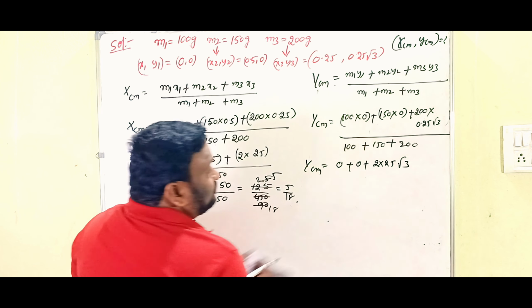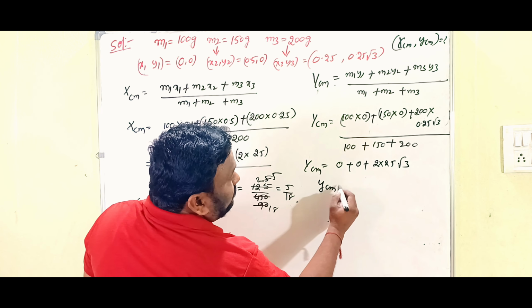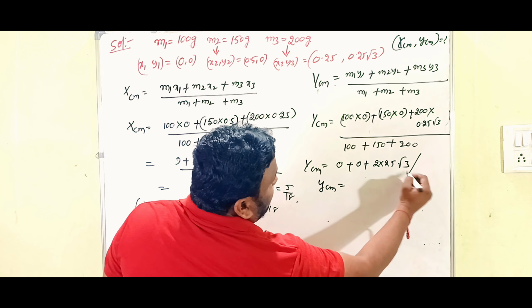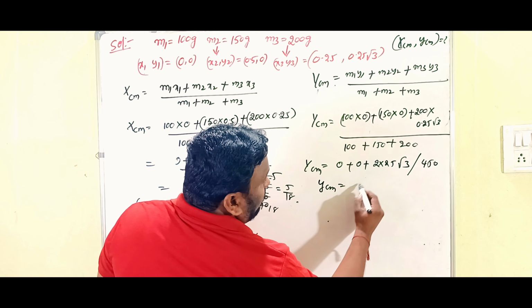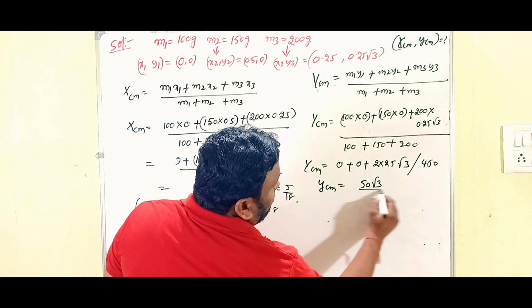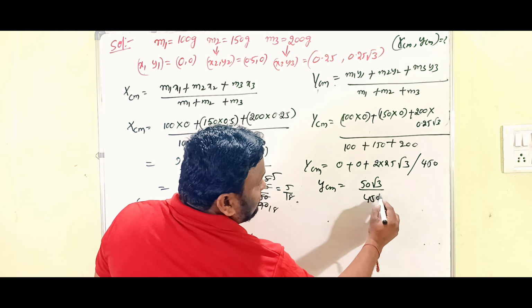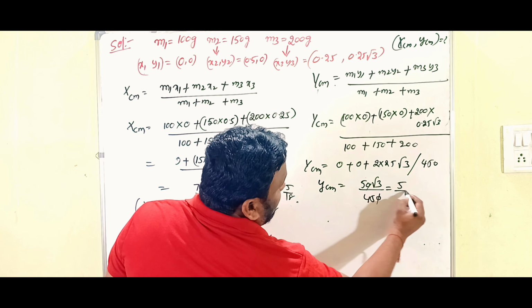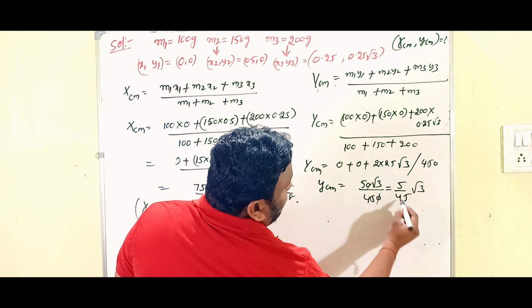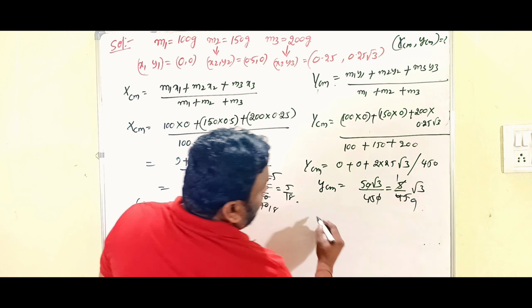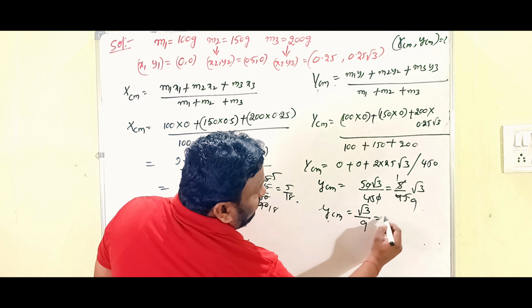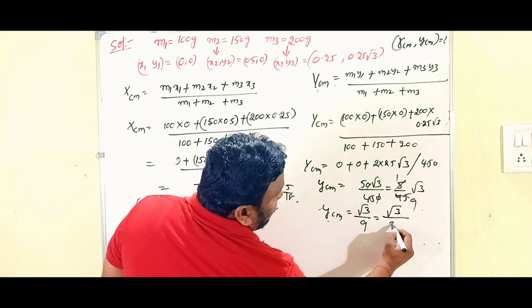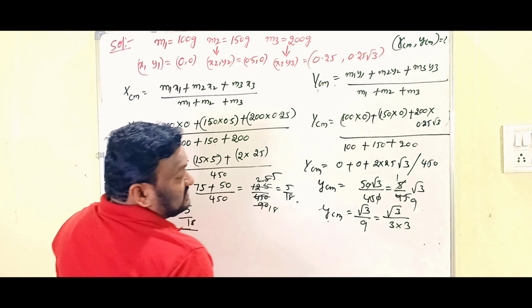Then ycm is equal to 50 root 3 by 450. 0 cancels, so 5 root 3 by 45. 5 1s are 5, 5 9s are 45. Then ycm is equal to root 3 by 9. It can be written as root 3 by 3 into 3, 3 into 3 is 9.